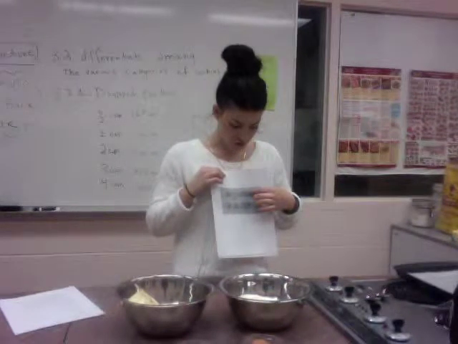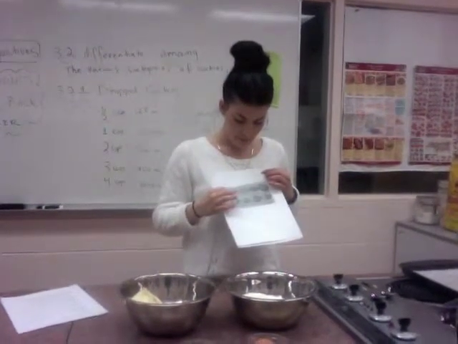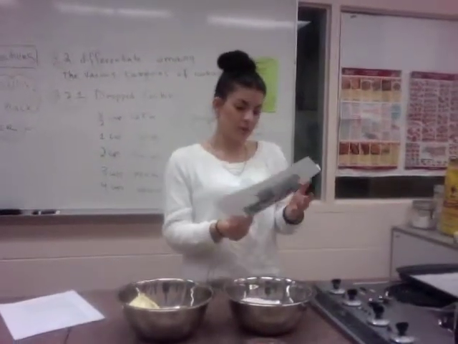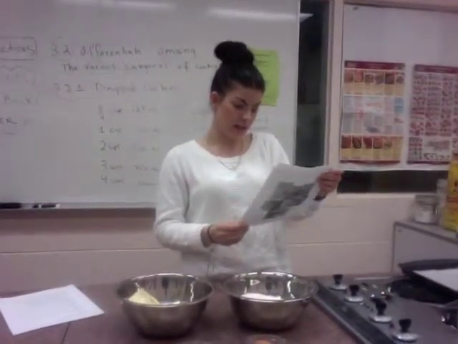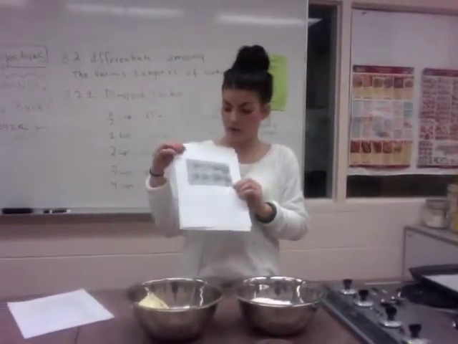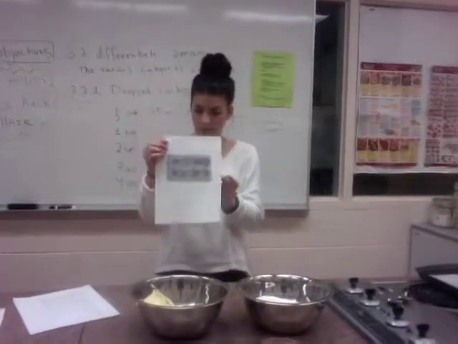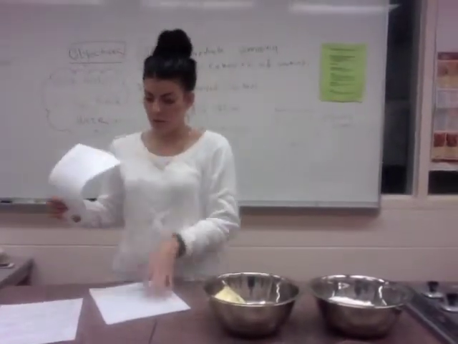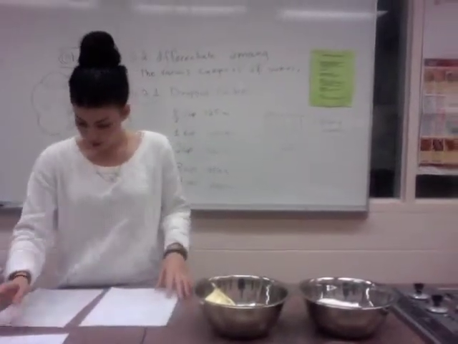All brown sugar, kind of like a hard mass. More flour. Too much baking soda. Too much baking powder. So you can take a look at that, and if you have problems with your cookies, this is kind of a reference to see what you did wrong and what you can fix for next time. And then the back is for the very end of the class, so we won't look at that until later.